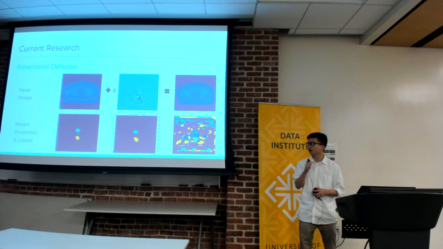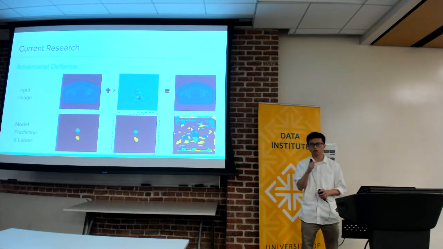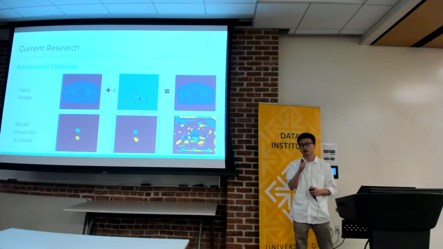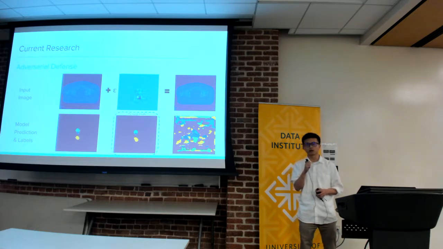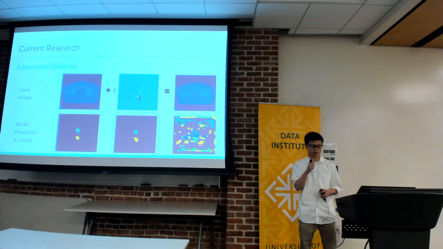You can see after adding those noises, the model's prediction has been quite messy, and with these two input images, people can barely tell the difference. We almost finished building the attack system, and now we're trying to implement different strategies to defend against this kind of attack.